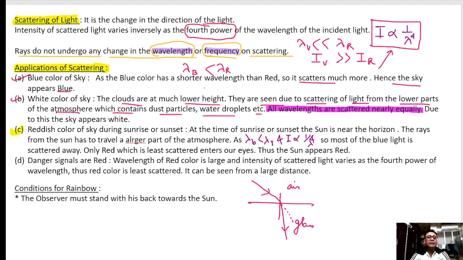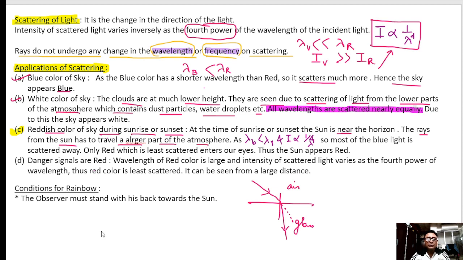Next is the reddish color of the sky. Why does the sky look red during sunrise or sunset? At the time of sunrise or sunset, the sun is near the horizon. The rays from the sun have to travel a larger part of the atmosphere.